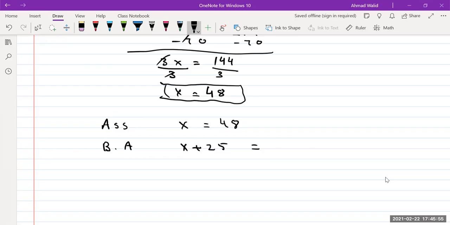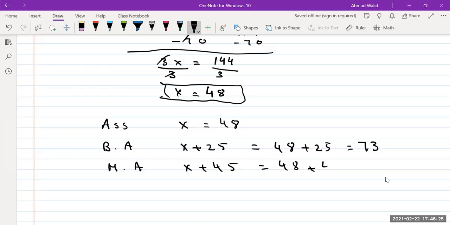Plug in your X here: 48 plus 25 gives you 73. A man with a bachelor's degree can make $73,000 in a year. But a man who has a master's degree was X plus 45, right? It means 48 plus 45, which gives you $93,000 per year.